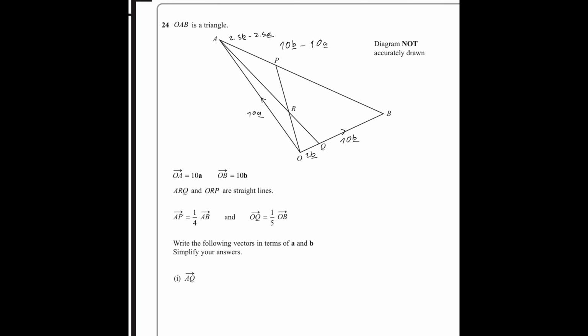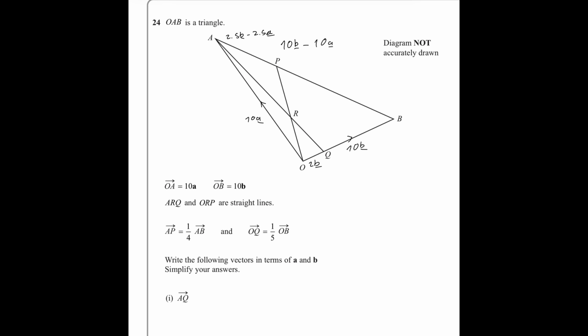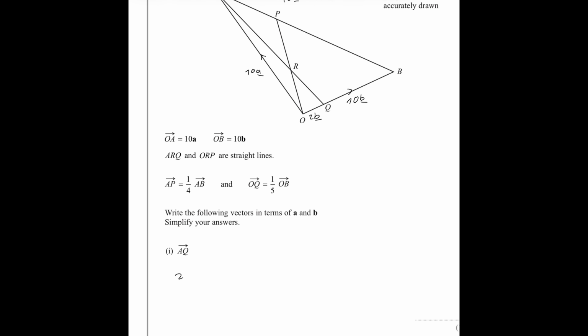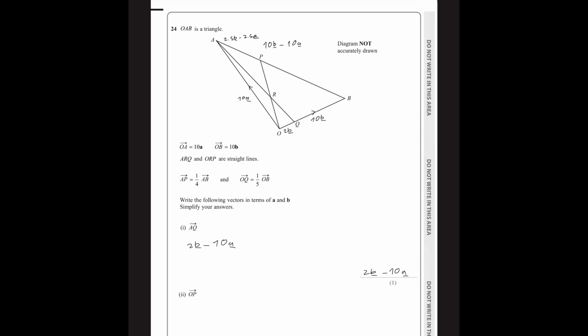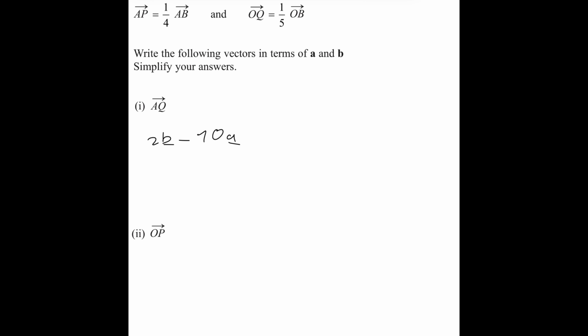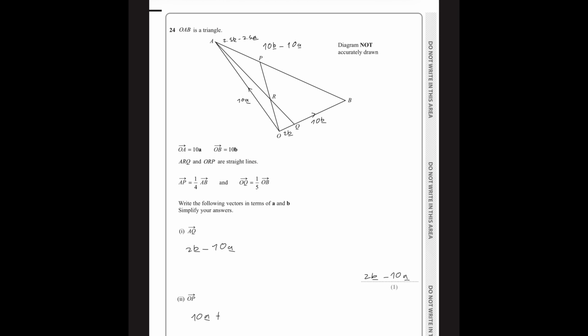All right, so A to Q. So to go from A to Q, we need to go from A to O and then O to Q. So it's going to be 2B minus 10A. That's your answer. And to go from O to P, it's going to be O to A to P. So O to A we know is 10A, and then plus A to P, which is 2.5B.